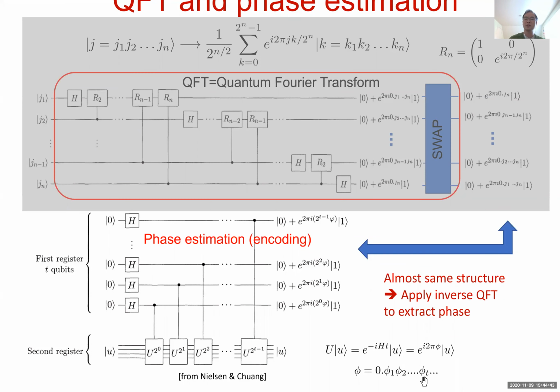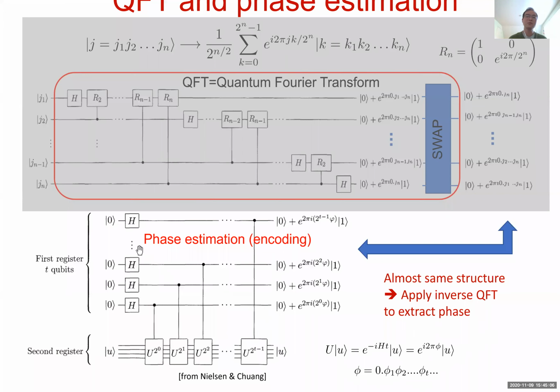If this is exactly t bits, then I can obtain the exact phase description here. So J1 obtained will be phi 1 and etc., and Jt will be phi t. Okay. This is assuming that the phase is exactly represented by t bits.